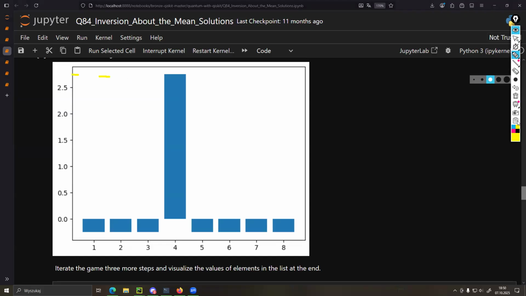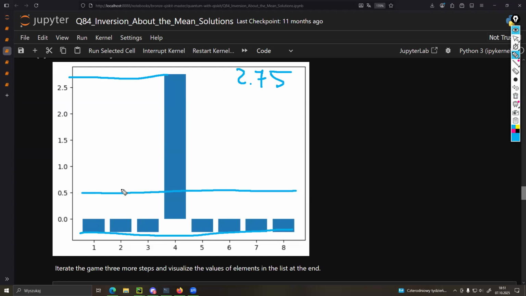Our probability has grown even more than previously because this is like 2.75, 2.75, and these went into negatives because their phases flipped due to our mean being pretty much at the bottom, because all of these targets were previously one half, and we pretty much flipped over the mean, which was very low, like here.